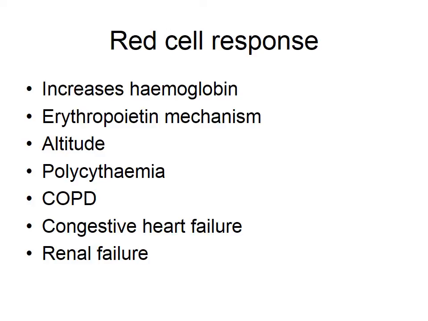That will stimulate the erythropoietin mechanism, and over time, over days and weeks, that will increase the number of red cells in the circulation, increasing the overall amount of hemoglobin in the circulation, thus helping to compensate for the altitude-induced hypoxia. This is why athletes often go and train at altitude. They'll get more red blood cells, they'll get more hemoglobin, and that will improve their aerobic capacity.